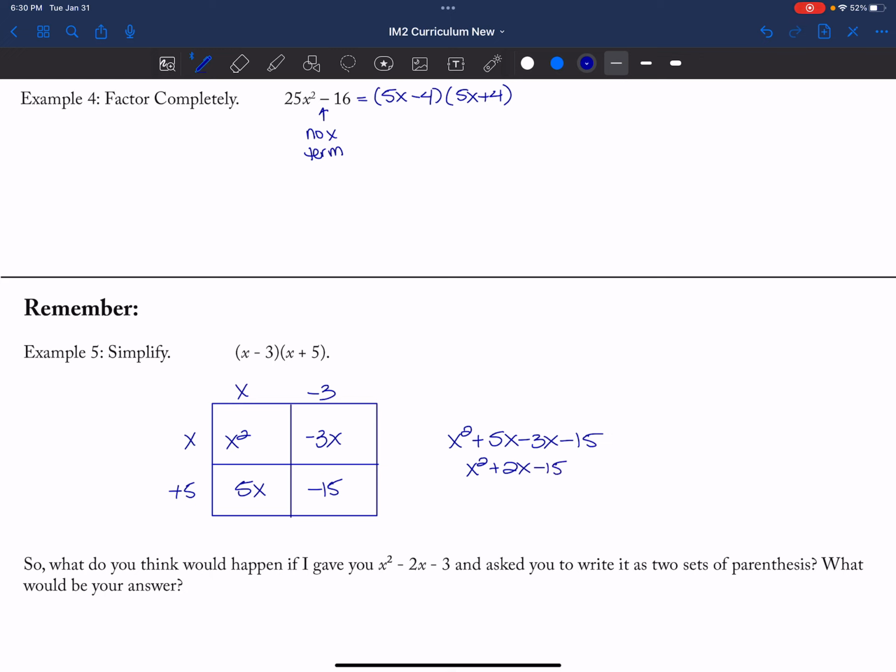But if I want to go backwards and get to my factored form, I would take my original equation, split it up, and then I would be back to what my original function is. There are a lot of different ways of factoring. What we're going to do is show you how to do the diamond method.